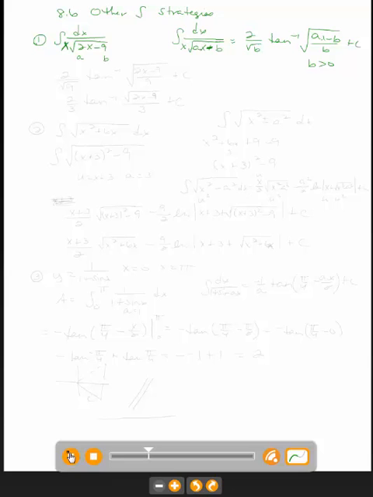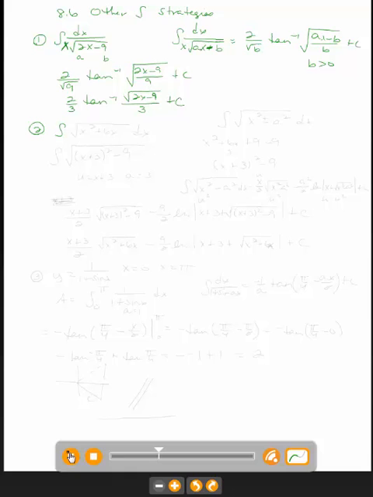So it is greater than 0. And so let's match it up, and it turns out that this integral is 2 over the square root of 9 arctan of the square root of 2x minus 9 all over 9, plus c. I could clean that up a little bit and make it 2/3 arctan of the square root of 2x minus 9 over the square root of 9, which is 3, plus c. And that one's done.